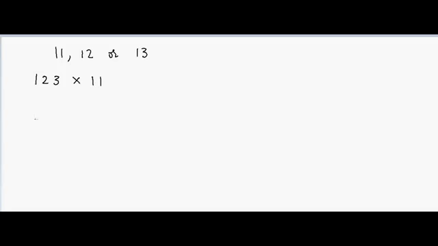In that case, first I'll just take the last terms, so I'll say 1 and then I'll say 3 here, and then I'll add 1 and 2 together. So 1 and 2 together will be equal to 3, and then I'll add 2 and 3 together, that will be equal to 5. So my answer will be equal to 1353. Again, how did I do this? My first digit is the same as the first digit we have here.